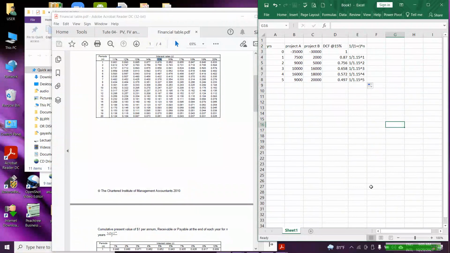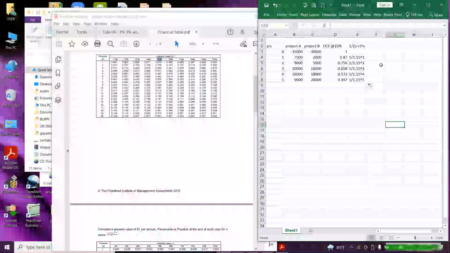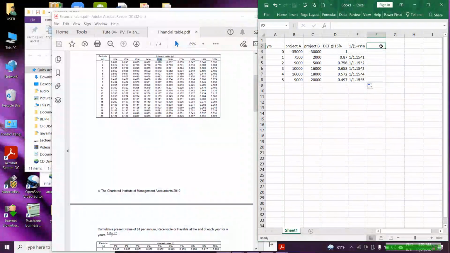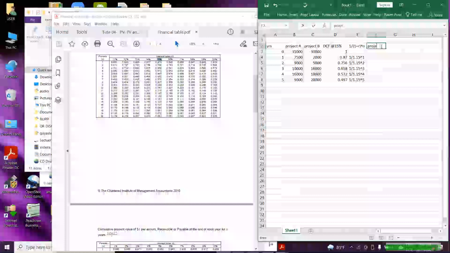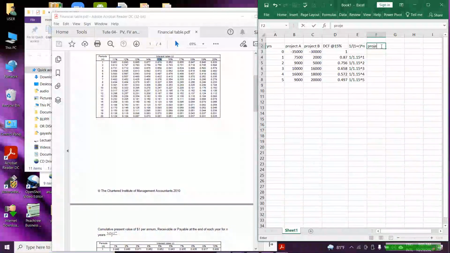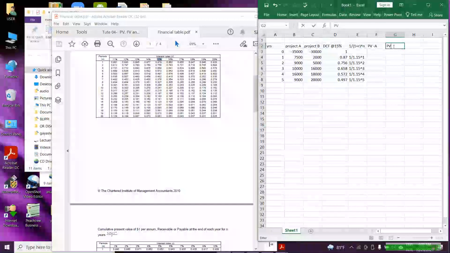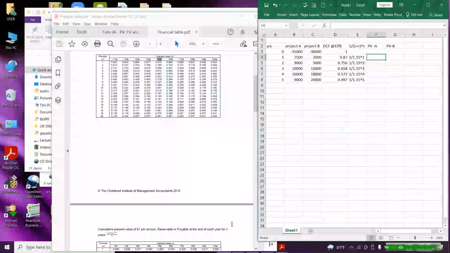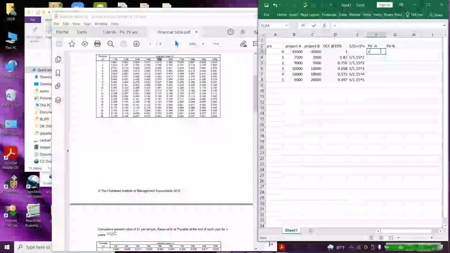Clear? Is it okay, everyone? Finished? Now find the present value.